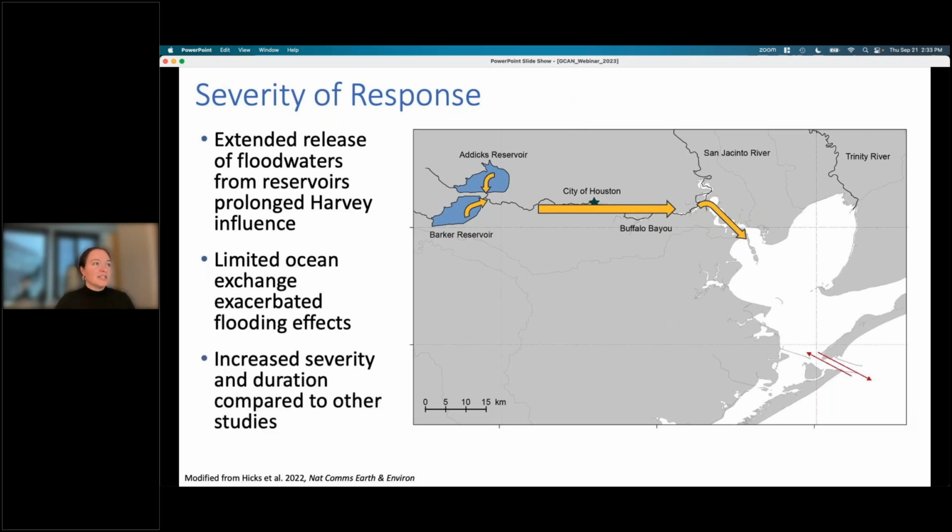So the combination of the extended floodwater release, as well as the limited ocean exchange and the relatively shallow depth of the bay ecosystem, led to an increased severity and duration of the acidification response following tropical storm or Hurricane Harvey compared to other studies that have investigated the potential influence of these storms on the carbonate system.